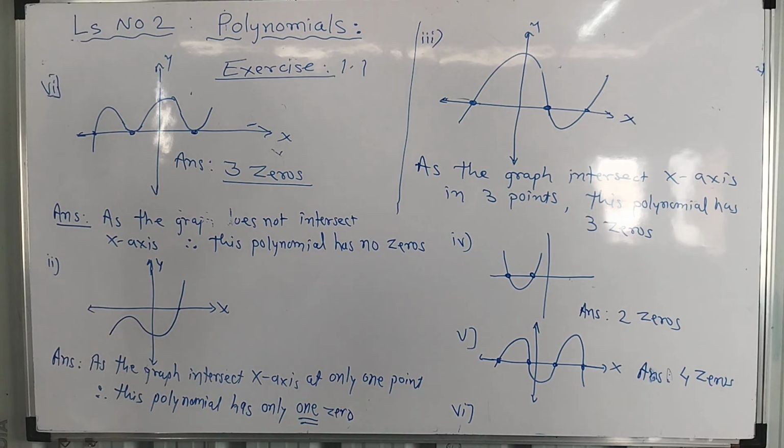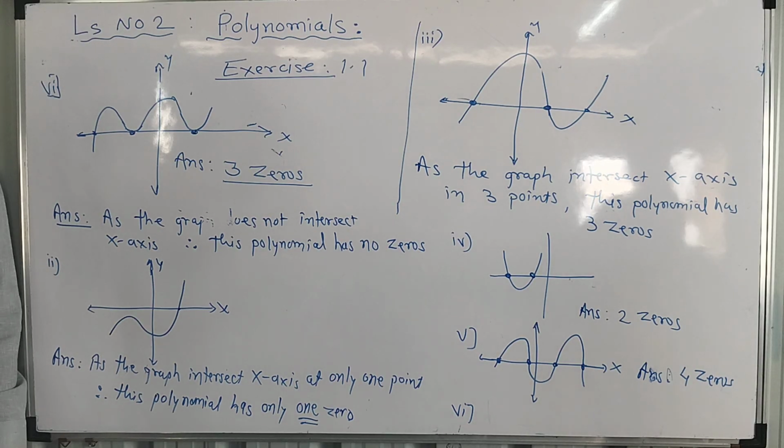How to find the zeros of a quadratic polynomial, and again we need to verify the relation between coefficients and the zeros. The relation between zeros and coefficients is to be verified in the next exercise. So in the next period we will cover the exercise 1.2 theoretical part as well as exercise 1.2.